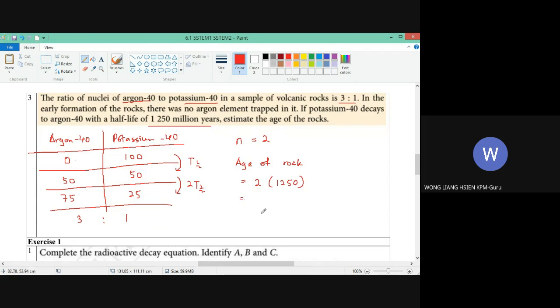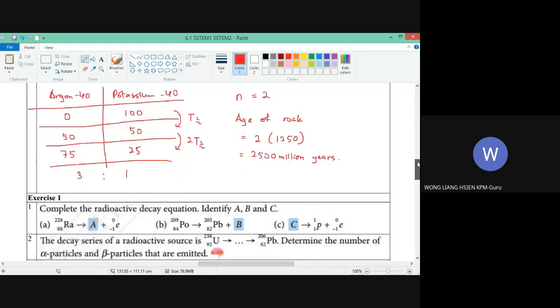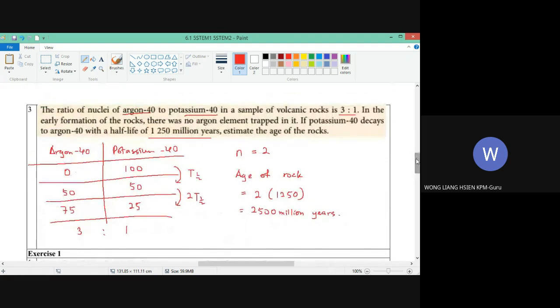So you will get 2,500 million years. That means the age of the rock is 2,500 million years. Get the idea? So this is how we estimate the age of the rock.